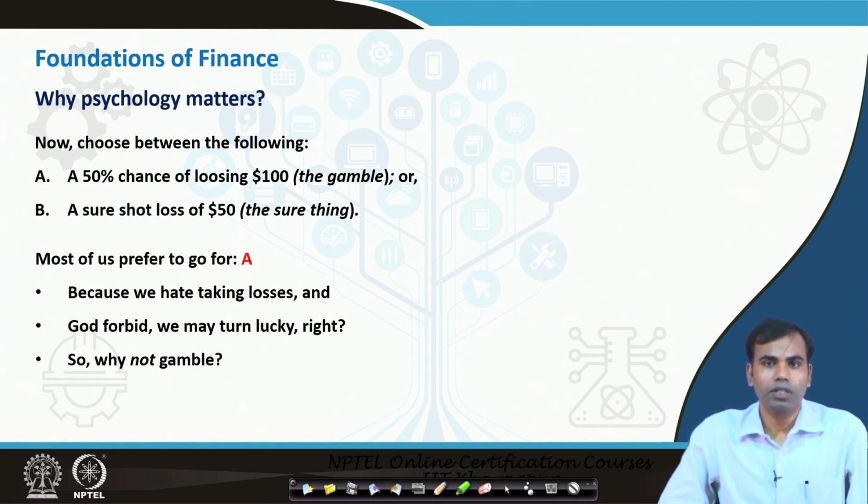This particular illustration explains why we behave in a risky situation differently than we behave in a certain situation. So, the argument here is our decision making process is influenced by different factors, including financial and behavioral ones. So, it is important for us to understand how behavioral financial decision making helps us become a better decision maker.